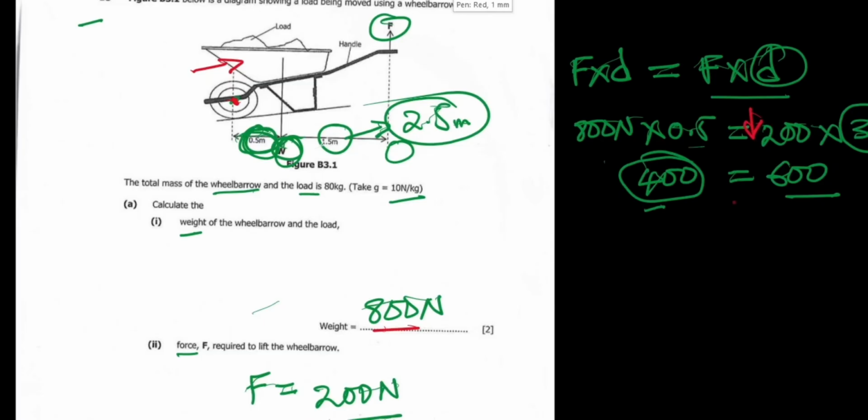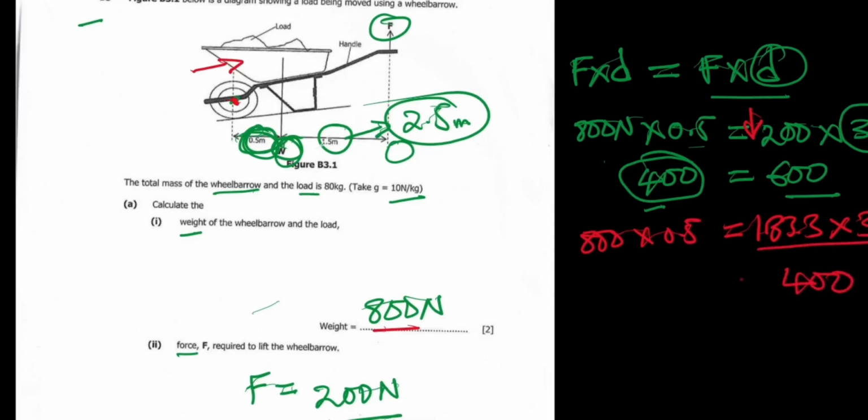So this force is going to decrease from 200 to 133.3. The reason is you want to remain with the same thing here. So here we have 800 times 0.5, which is still 400, and when you multiply this, you also get 400. So it still obeys the principle of moments.